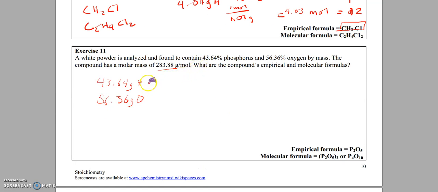So we want moles. It's 30.974 grams per mole. Okay, for oxygen, we want moles. This one's 16 exactly. That's grams.